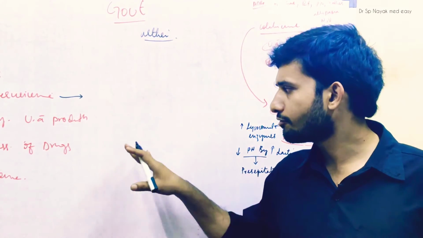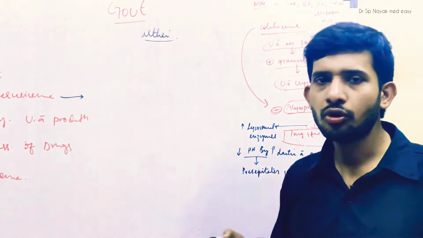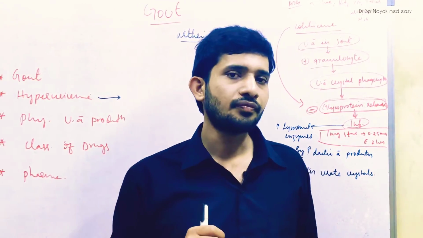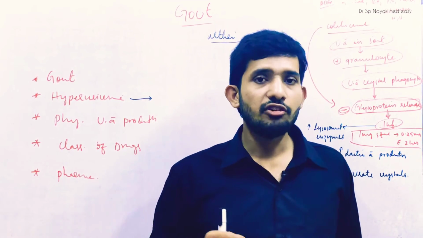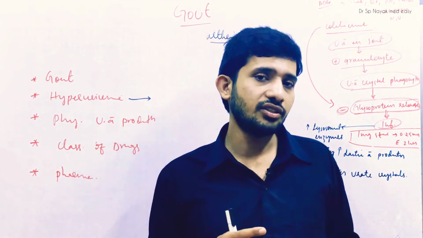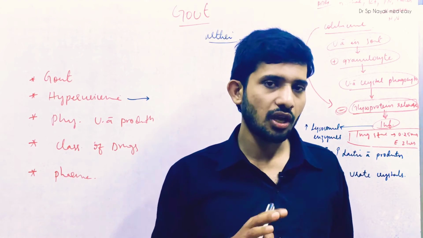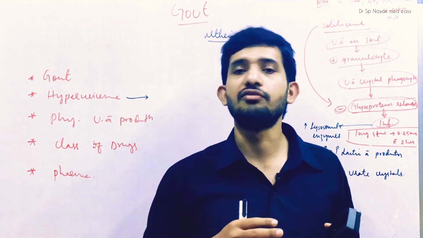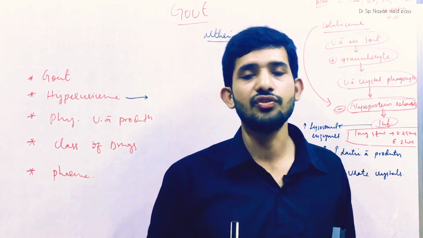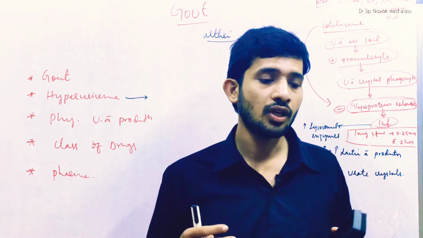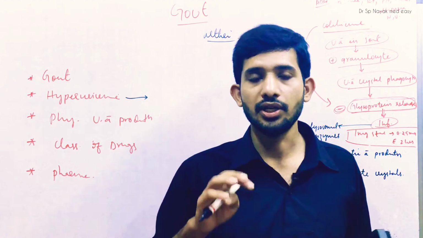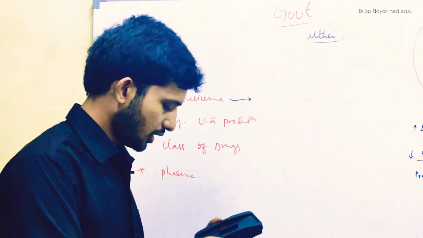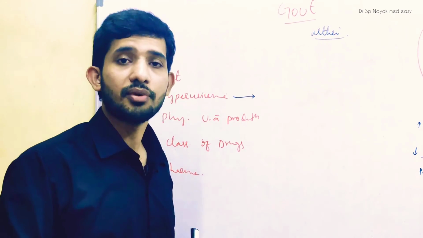So gout may be possible due to two different reasons. The first one, gout may be seen with increased production of uric acid, hyperuricemia, and due to the reduced excretion of uric acid from the body. So these are the two different situations where we can observe hyperuricemia in the patient. So now let us discuss some of the drugs which are used in hyperuricemia.